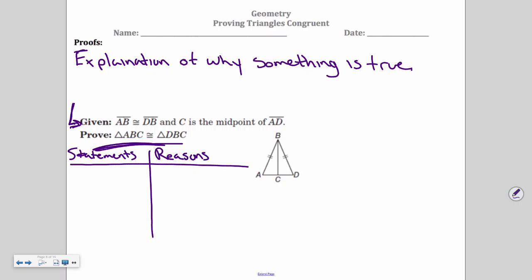The statements are one by one. The first statement I'm going to make is segment AB is congruent to DB because it is given. And I am going to say that C is the midpoint of AD because it is given.